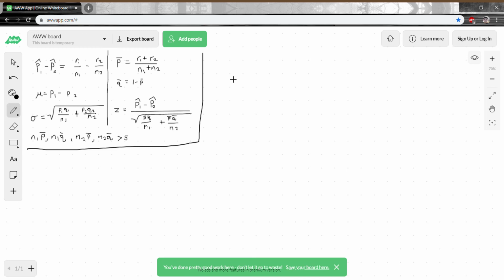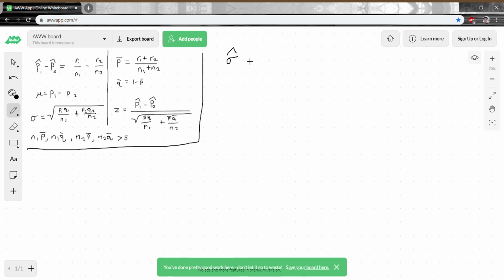We have to use an approximate standard deviation in this type of test. This approximate standard deviation is going to be sigma hat, but the actual calculation isn't going to be very different.